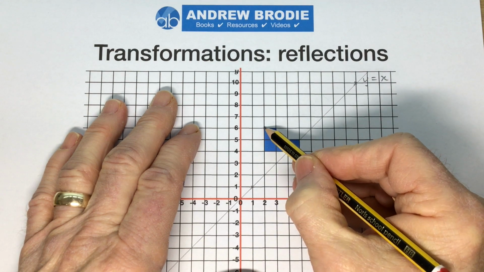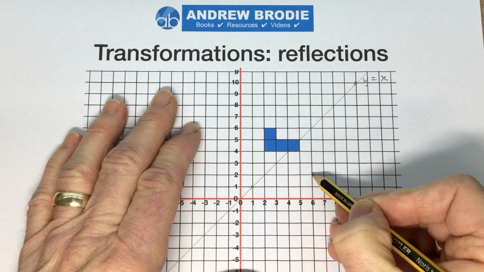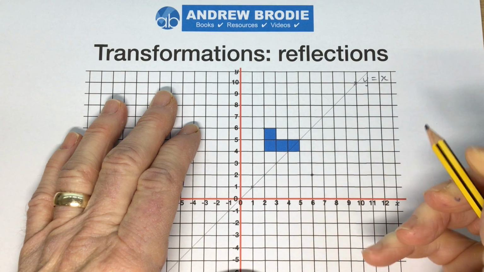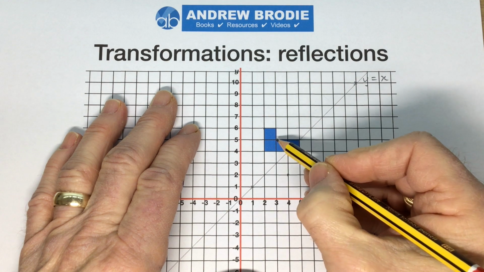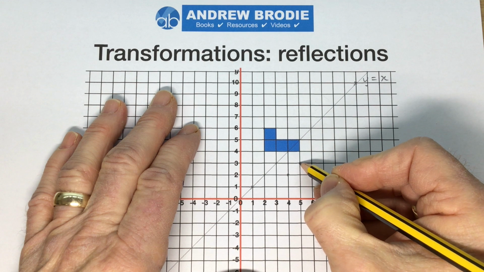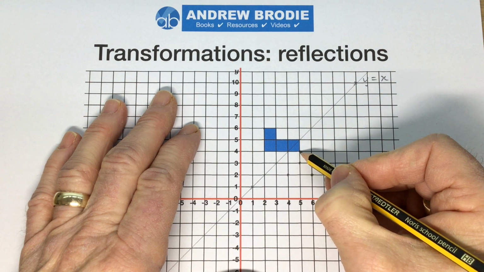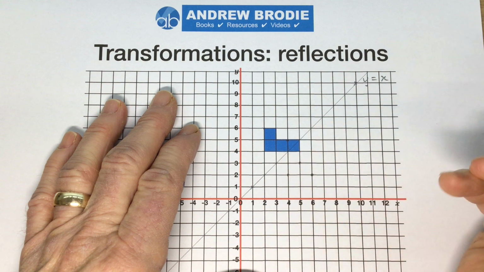I'm going to start with that corner there. That's 2 squares away. So 2 squares away is going to be there. This one's 1 square away, so that's going to be there. This one is 1 square away, so that's going to be there. Now look at this one. It's half a square away, but in the opposite direction, so that's going to be there.